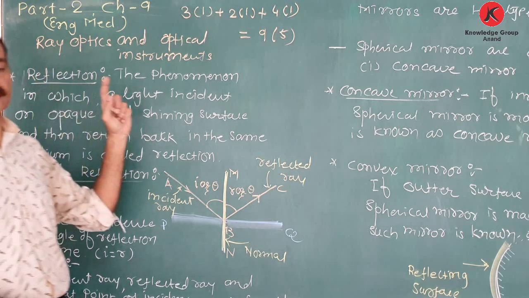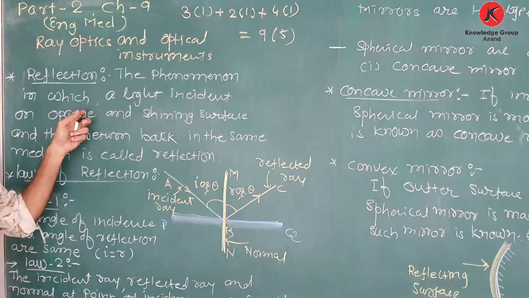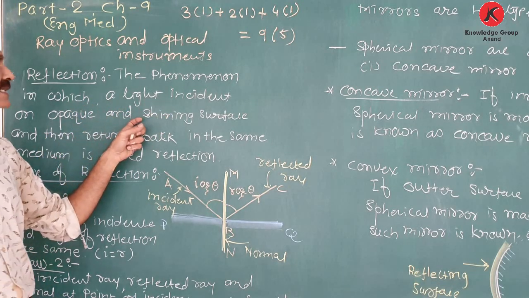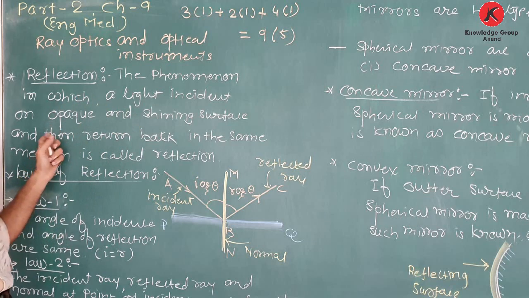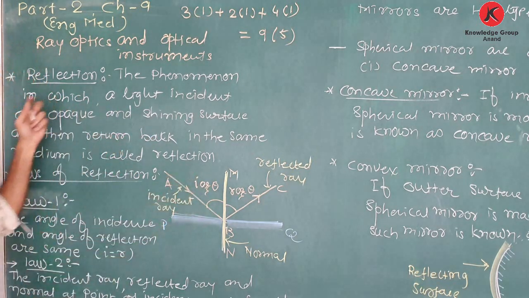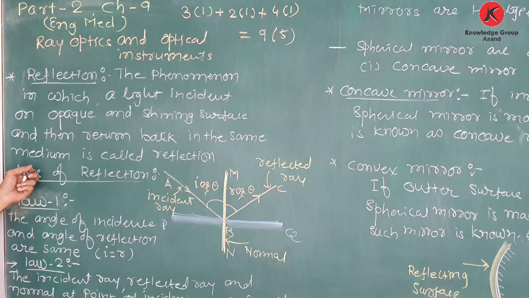Again, what is reflection? The phenomenon in which a ray of light is incident on an opaque and shining surface and then returns back in the same medium is known as reflection.